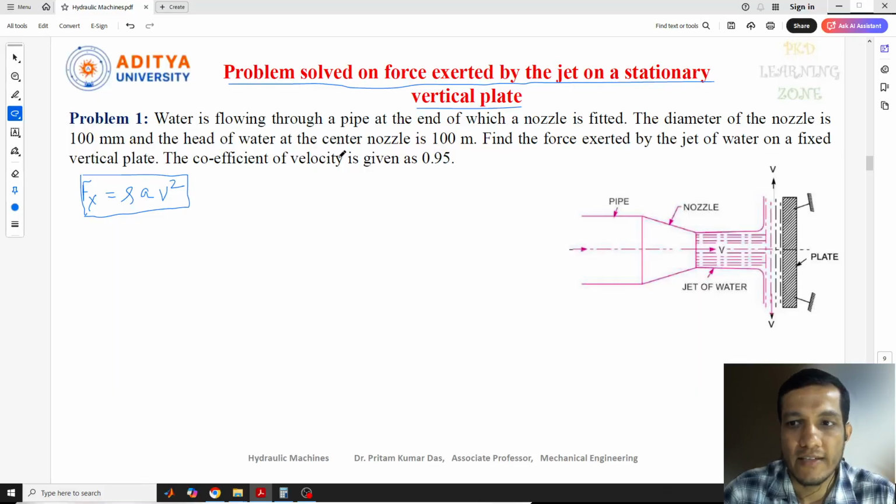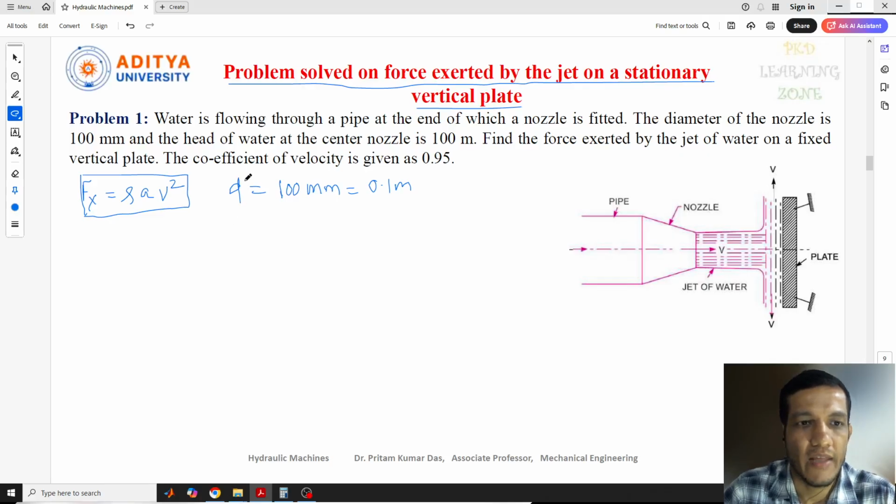So here what data are given? Let's see. First, we can consider the diameter of the nozzle, that is d equal to 100 millimeter, and we can write this in terms of meter, 0.1 meter.